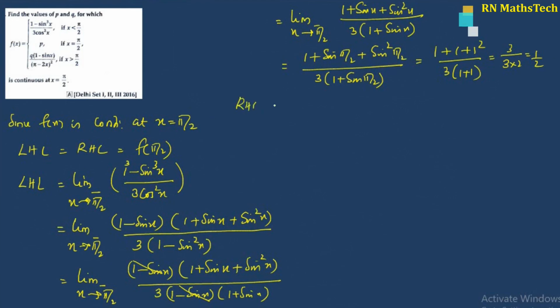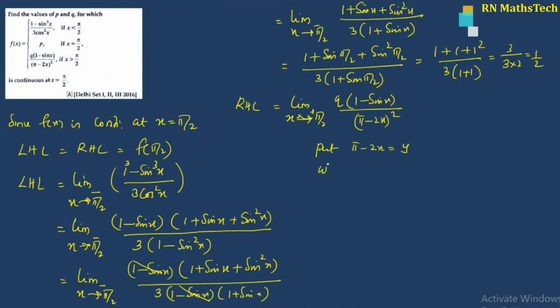Now RHL equals limit x tends to pi by 2 plus, where the function value is q into 1 minus sine x by pi minus 2x the whole square. Now put pi minus 2x as y.